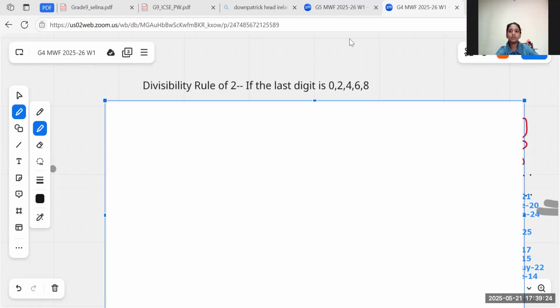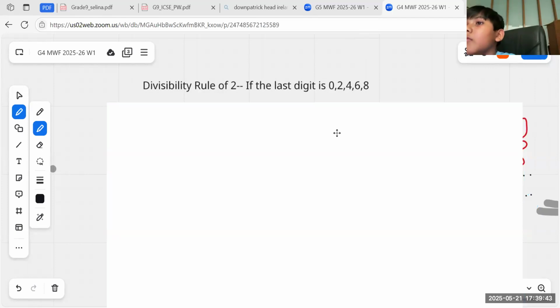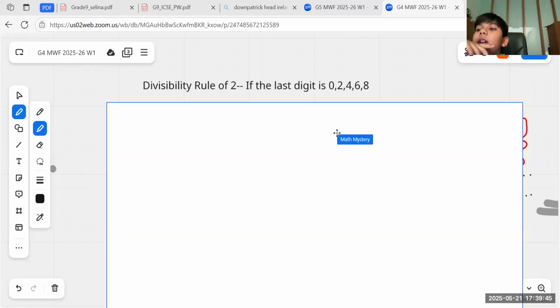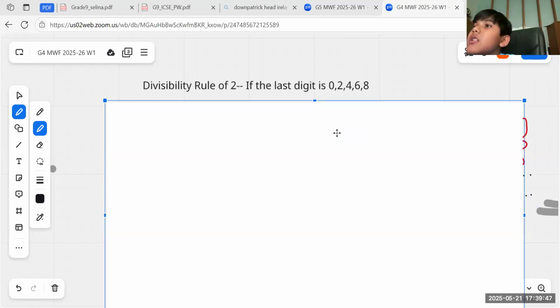So WJ, what is the divisibility rule of 3? Shanaya, beta, don't write. Pen down and mic on. Vampire, what is the divisibility rule of 3? Sir, the divisibility rule of 3.